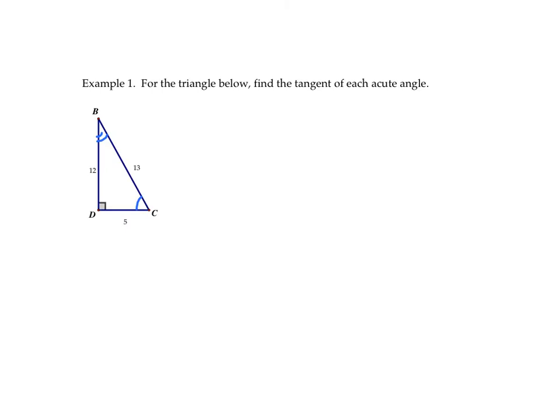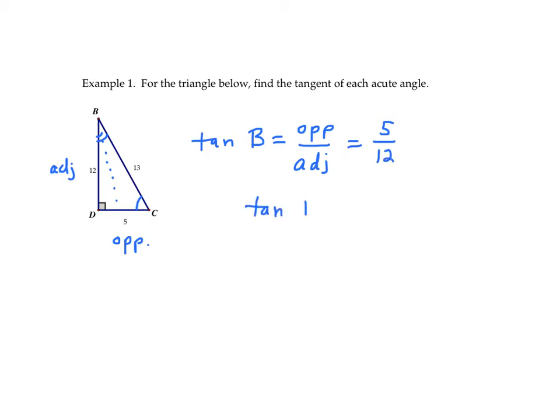So if we wanted to find the tangent of angle B, remember that tangent is equal to opposite over adjacent. So for angle B, the opposite side is 5. So put 5 in the numerator. And the adjacent side is 12. So very simply put, we can say the tangent of B equals 5 over 12.